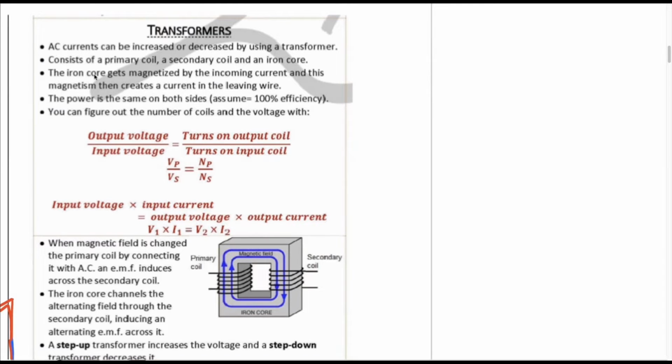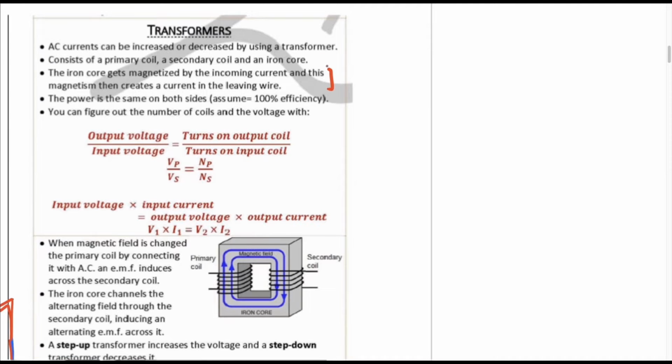The iron core gets magnetized by the incoming current, and this magnetism then creates a current in the leaving wire. This is a very short explanation of what happens in the transformer. So the iron core gets magnetized. I will give you more details on this.